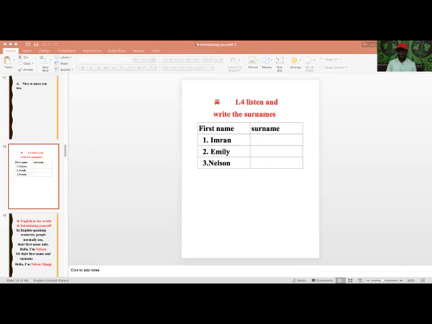Hello, my name's Imran Kanu. Sorry, what's your surname again? It's Kanu. How do you spell that, please? K-A-N-U. Oh, yes, thank you. Here's your badge. Thank you. Hello, my name's Emily Winfield. Sorry, can you repeat your last name again, please? It's Winfield.